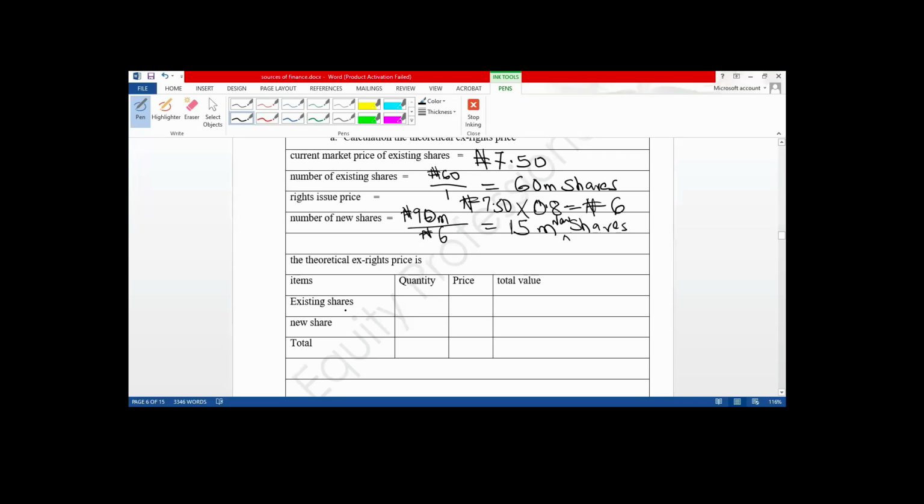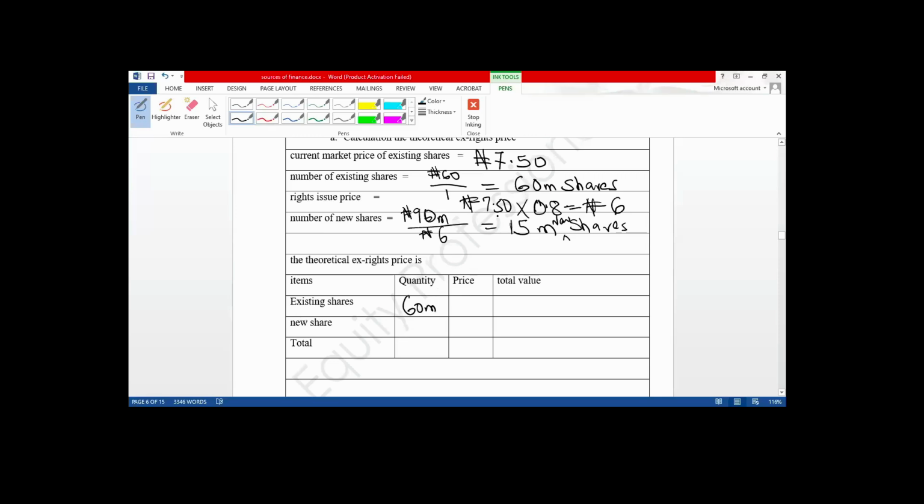When you have gotten the 4 variables, now go to your schedule. Open your schedule. You have column 1, the items. Column 2, the quantity. Column 3, the price. Column 4, the total value. Existing shares. Quantity, number of existing shares, 60 million.